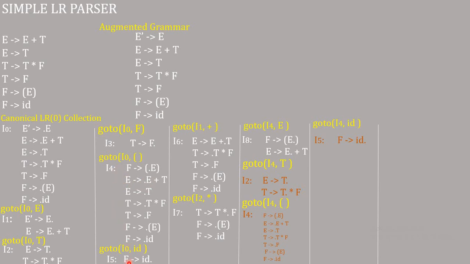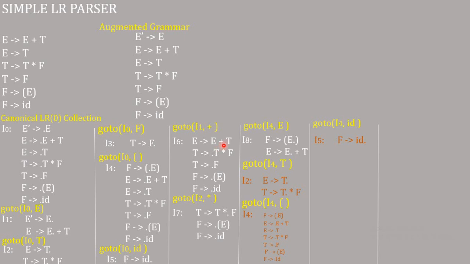Now let us proceed with I5 and define the goto function for it. In I5 the dot symbol has already reached the end, so it is not possible to shift to the right side. So let us go with I6.